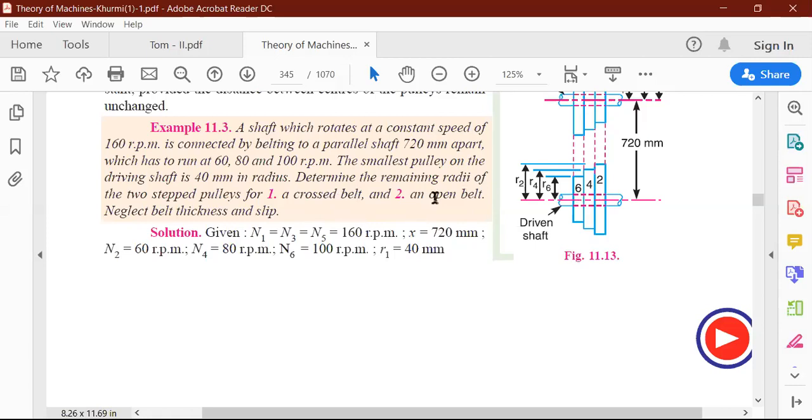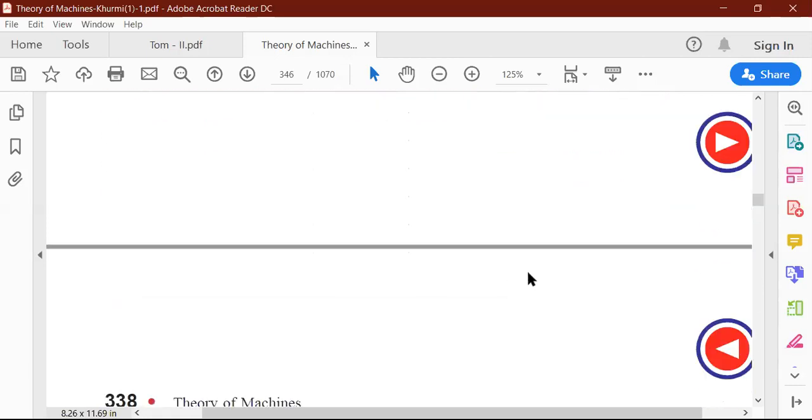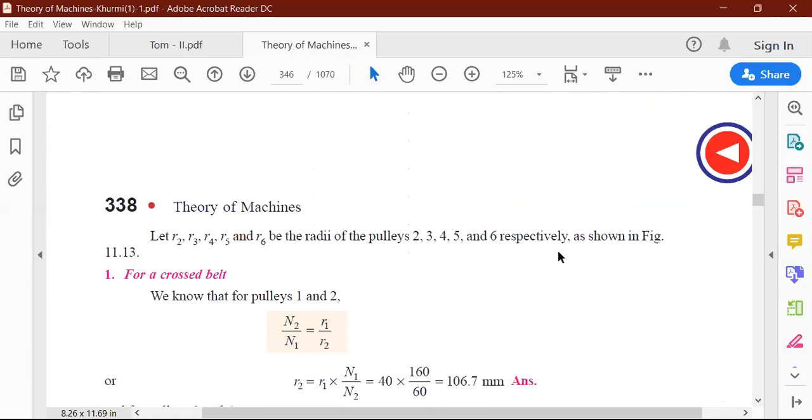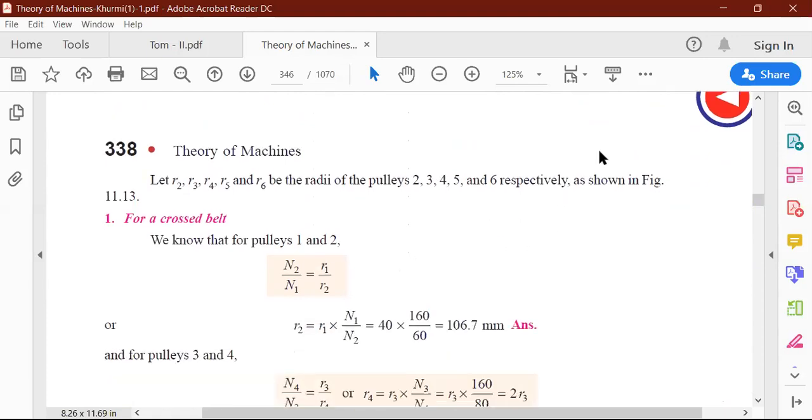So first we see for cross belt, right? So let R2, R3, R4, R5, R6 be the radii of pulleys 2, 3, 4, 5, 6. We just assume these things. So while writing in your examination, first you have to assume that R2, R3, R4, R5 and R6 are the radii of the pulleys.